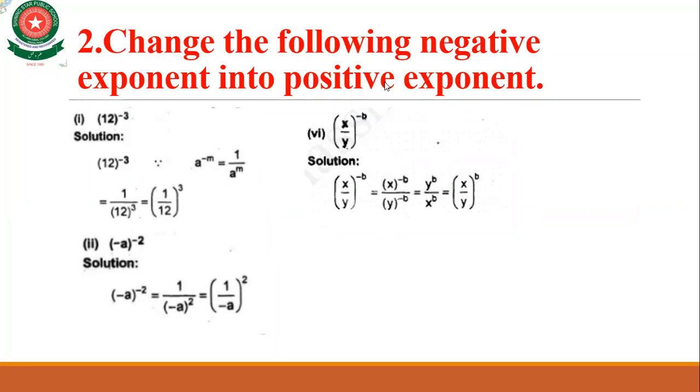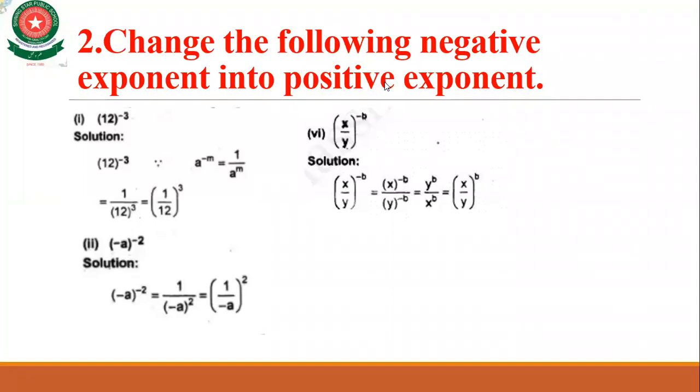Now part number 2 is minus a power minus 2. So again, we just have to take the reciprocal of this value, and by taking the reciprocal we will get 1 over minus a power 2. Now at the end, we just take the whole value of 1 over minus a.